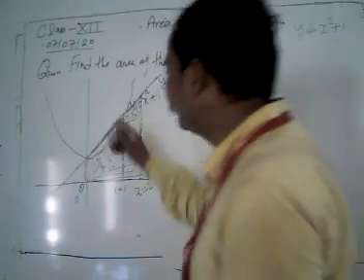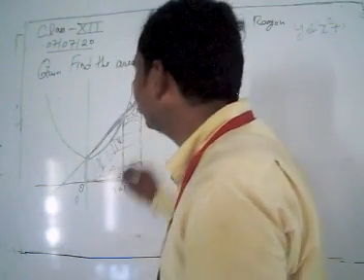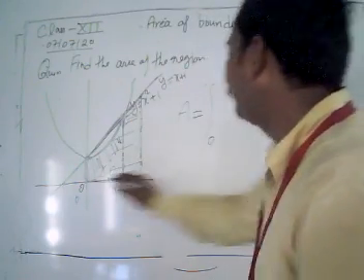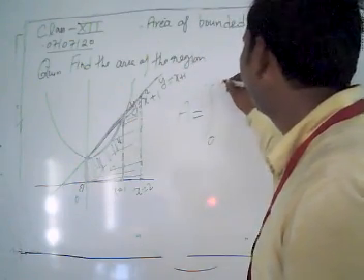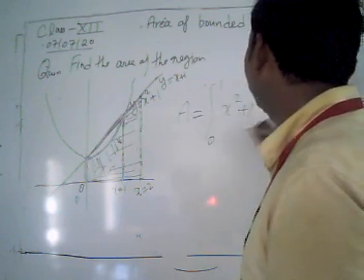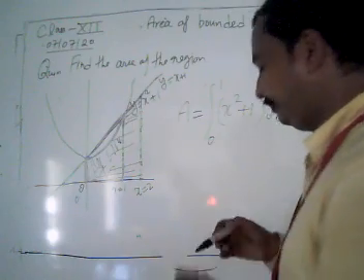I am not taking this; we take this region. This is the area made by the parabola. Between 0 to 1, we take the integral of x square plus 1 dx.